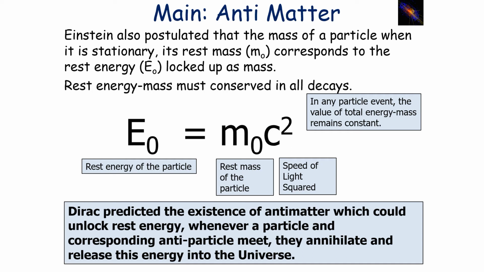Now, as Einstein postulated that the mass of a particle when it's stationary, its rest mass, corresponds to its rest energy locked up in mass, we can say that the rest energy mass must always be conserved in all decays. Now, Paul Dirac predicted the existence of antimatter, which could unlock rest energy, so whenever a particle and a corresponding antiparticle met, they would annihilate and release this energy into the universe.